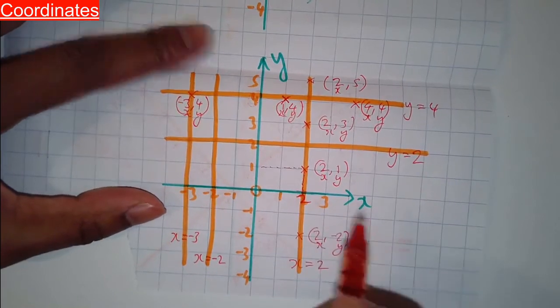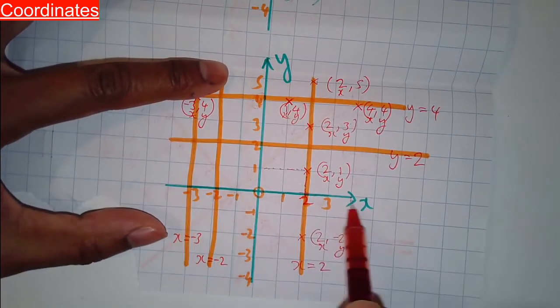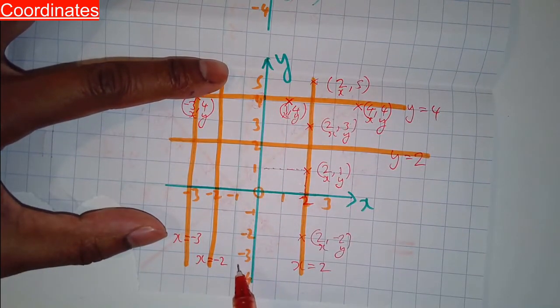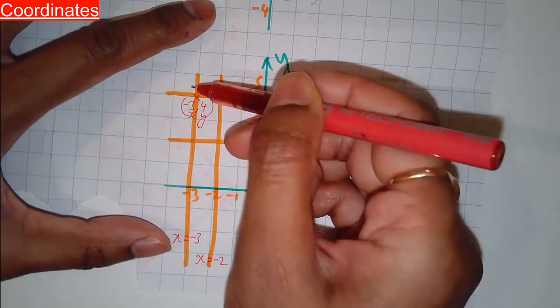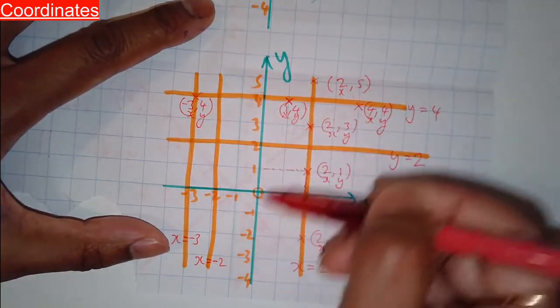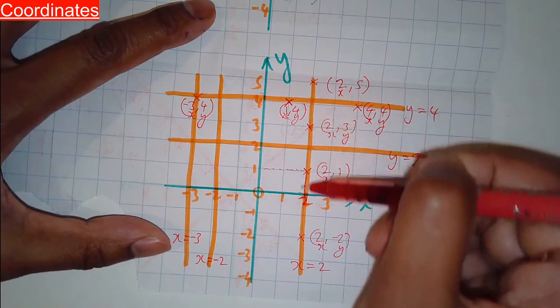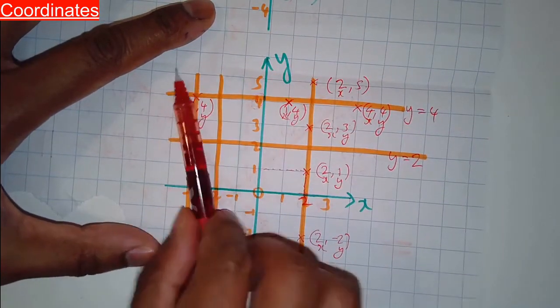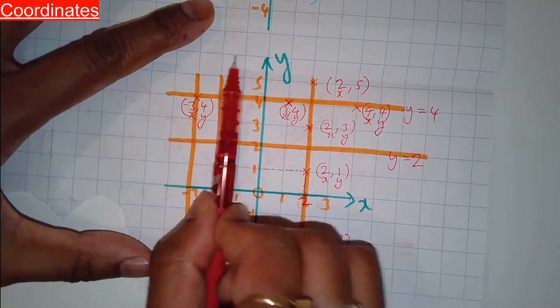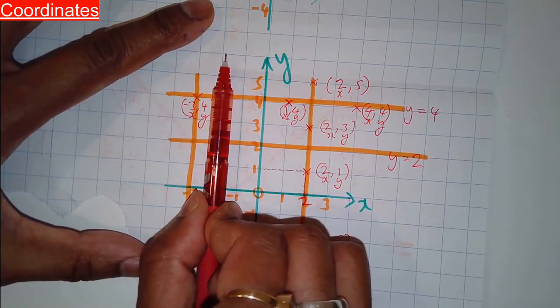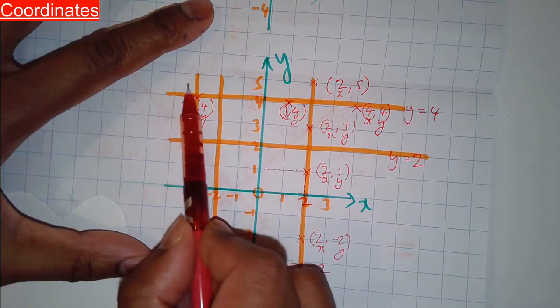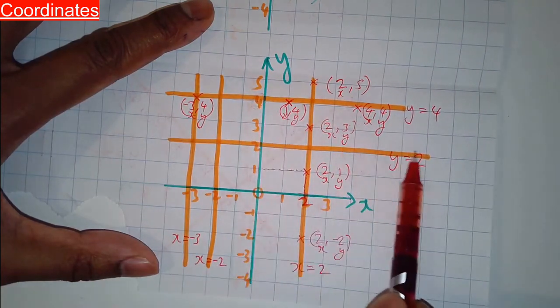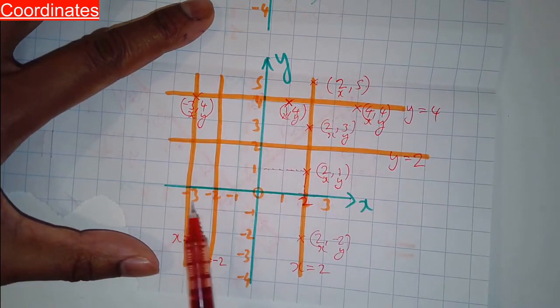If you look back at this, we looked at just a while ago, you had the x-axis and the y-axis, you can see in green. You can see all the vertical lines there: x equals 2, x equals minus 2, x equals minus 3. These are parallel to one another. And here you've got y equals 4, y equals 2.